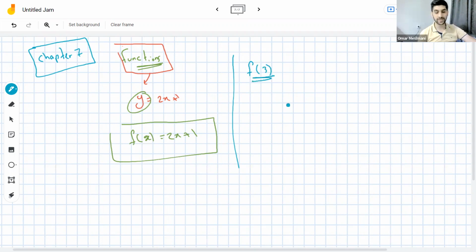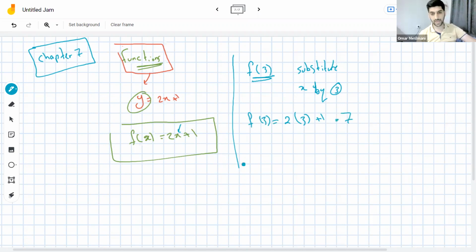It means that you take the value of x and put it as 3. So you substitute x by 3. You say 2 times 3 plus 1, that is f(3). The answer is going to be 7 at the end.